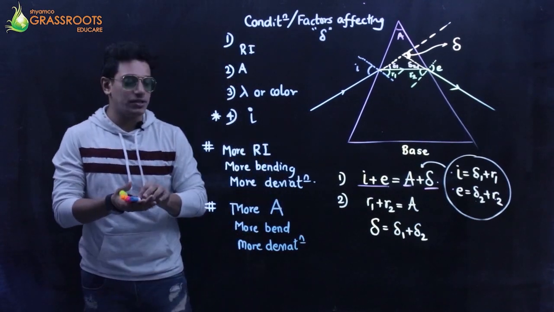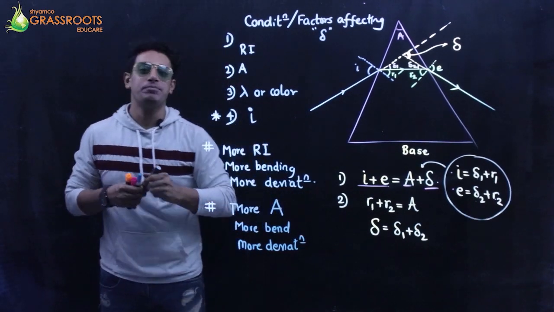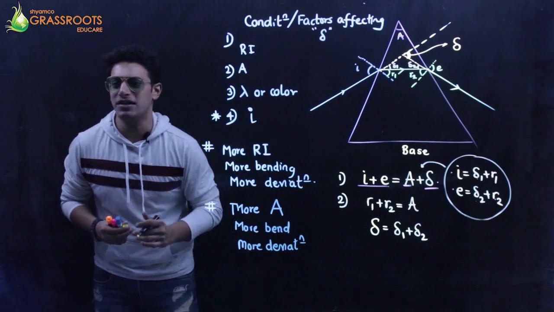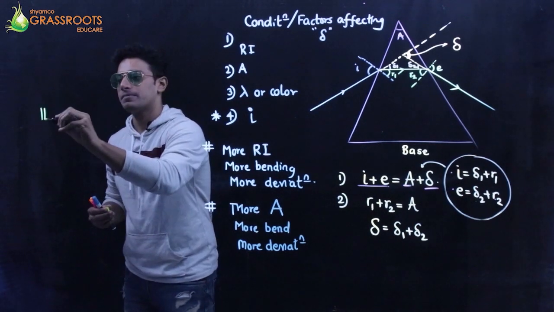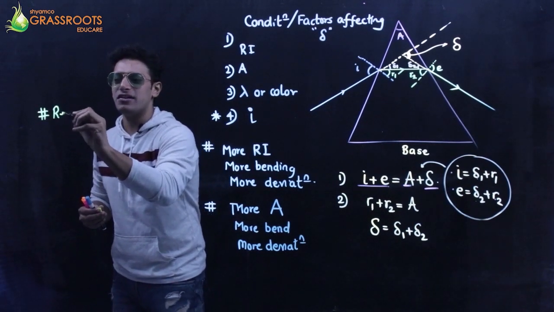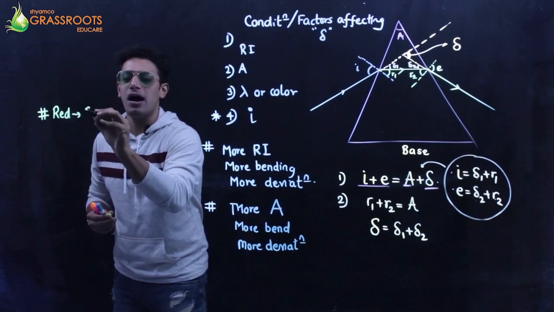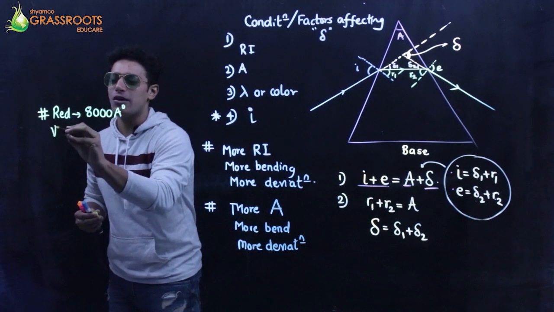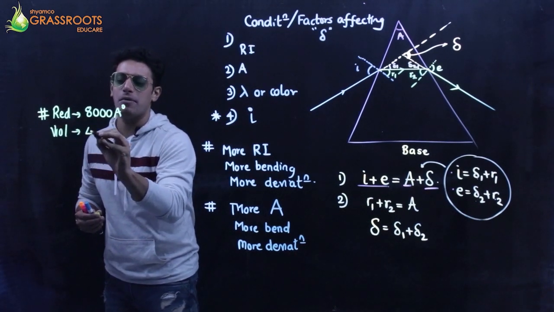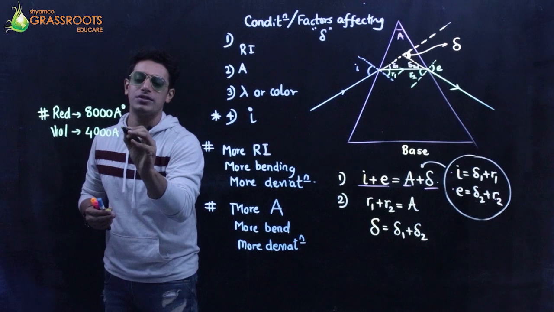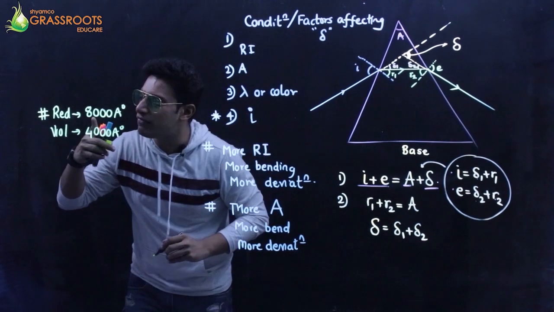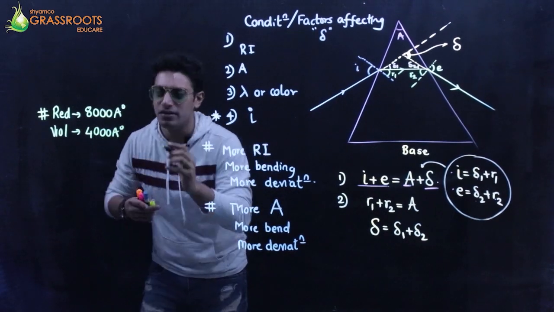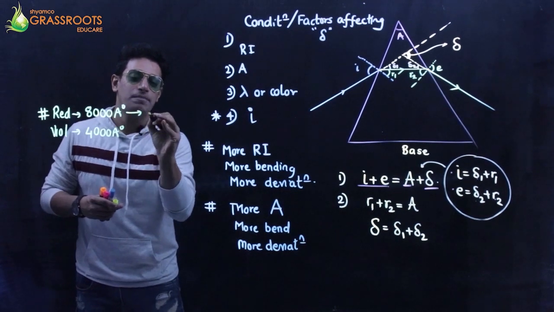Okay, the third part, talking about lambda. Now, if you talk about red colored light, I can say the red colored light has a lambda of 8000 angstrom units, and a violet colored light has a lambda of 4000 angstrom units. So can I say more the wavelength, faster is the light.